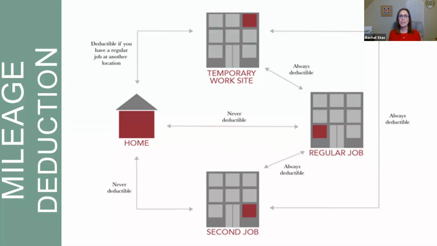There are a lot of apps. Number one, you can buy a mileage log off of Amazon or Office Depot. There are apps. MileIQ is really nice, but you have to be really diligent about turning it on. If I'm going to pick up supplies before I go to the workspace, that is deductible. You want to keep track.